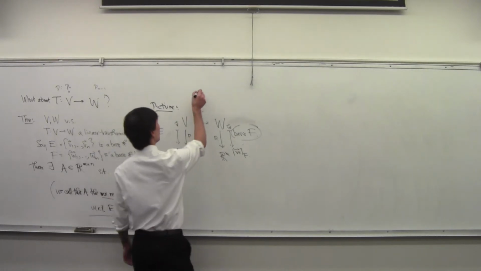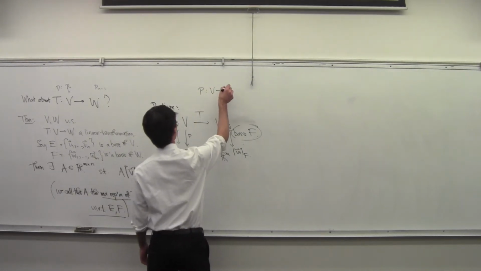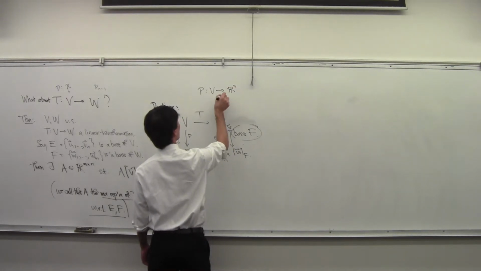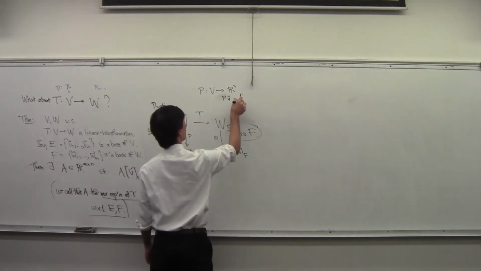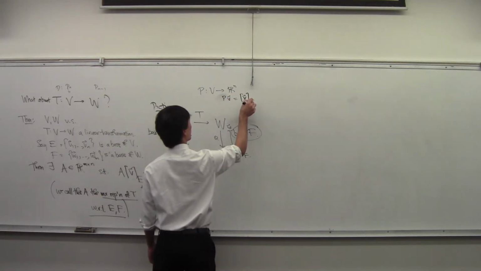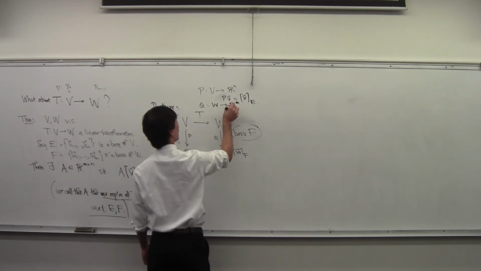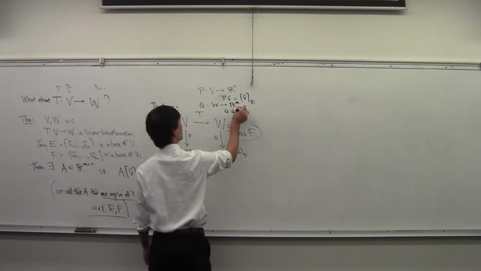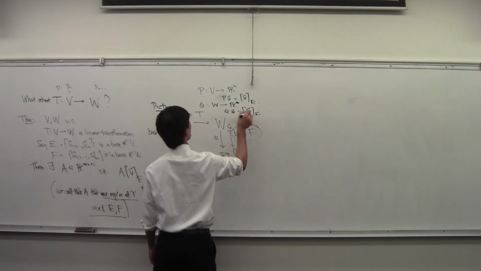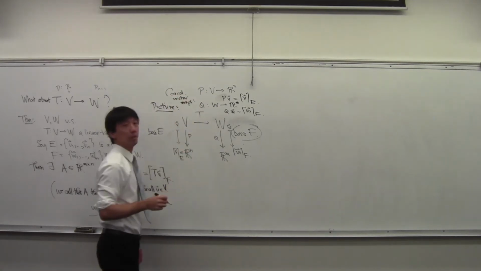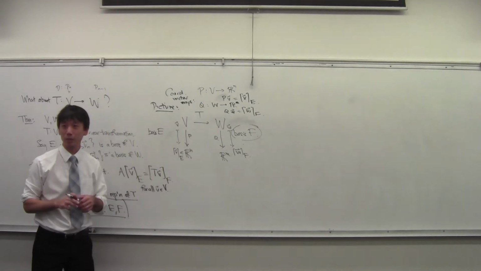So P is the map from V to Rn, where P of v is the coordinate vector with respect to E. And Q is the map from W to Rm, where Q of w is the coordinate vector with respect to F. So you've got your two coordinate vector maps.